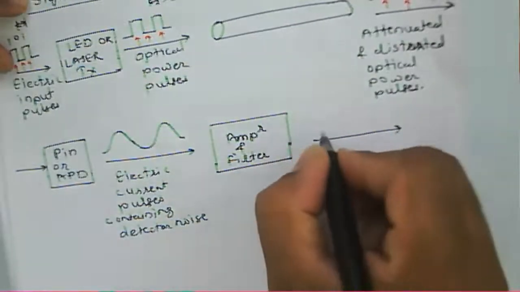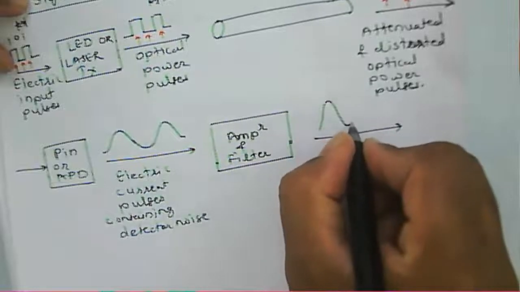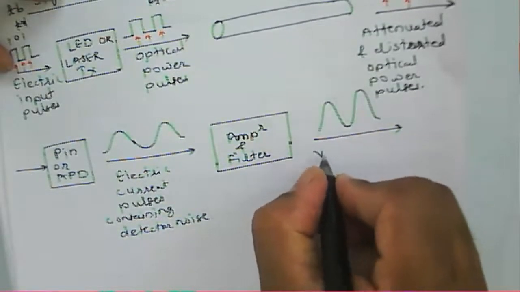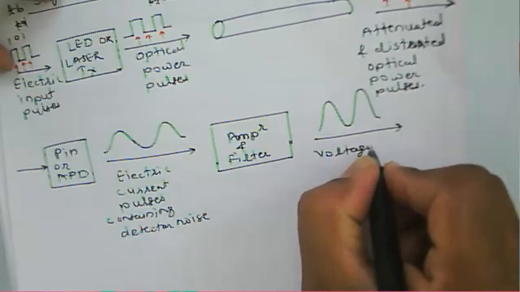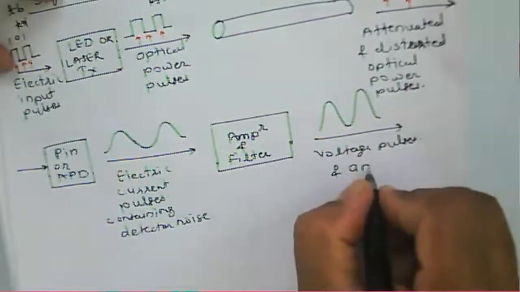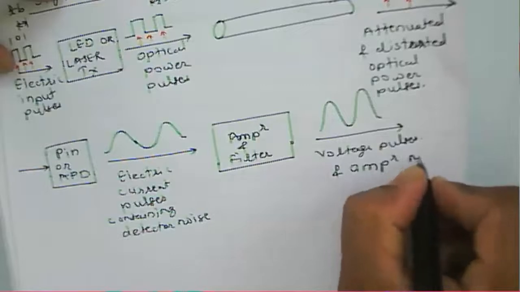And after that, we'll get a voltage pulse and an amplifier noise.